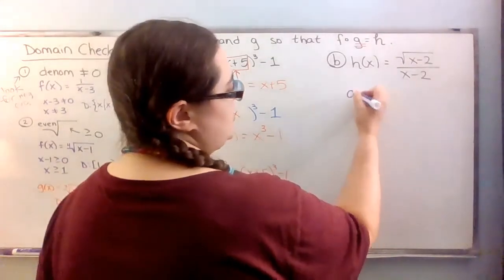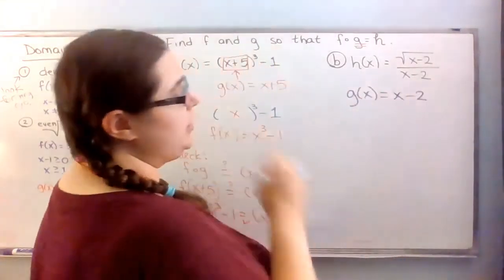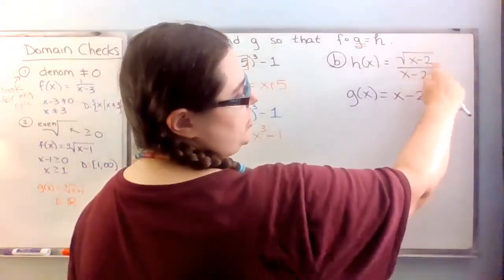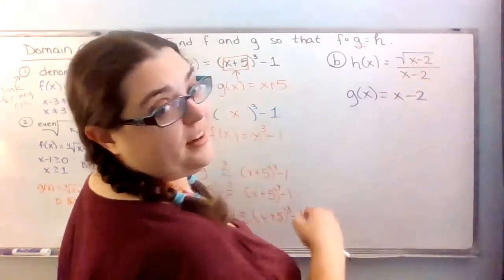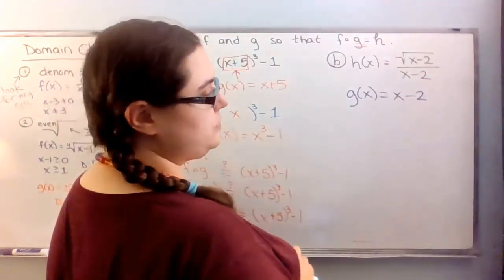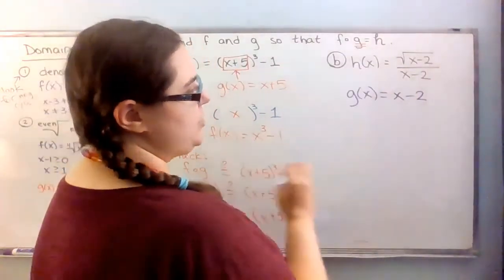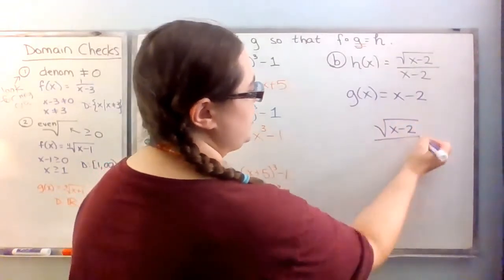So let's let g of x equal x minus 2, because whether I evaluate the numerator first or the denominator first, I have to subtract 2. Now let's rewrite h of x, square root of x minus 2 over x minus 2.